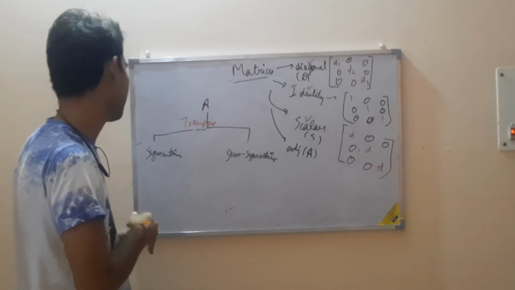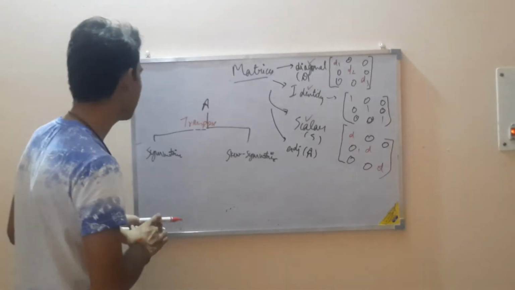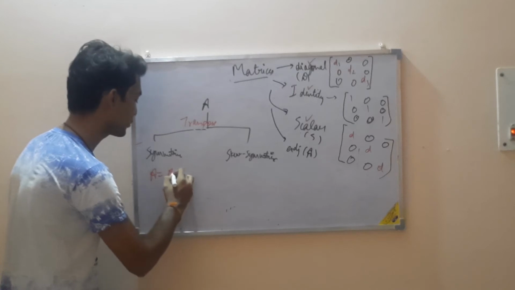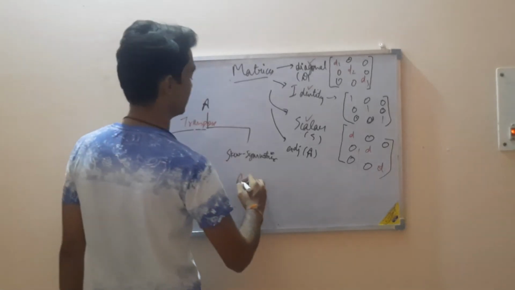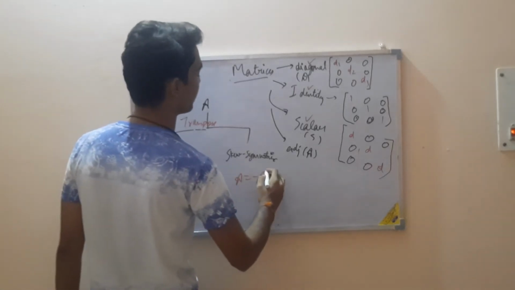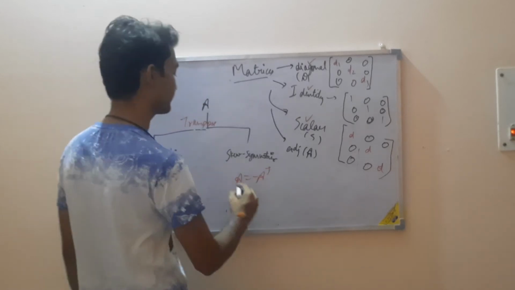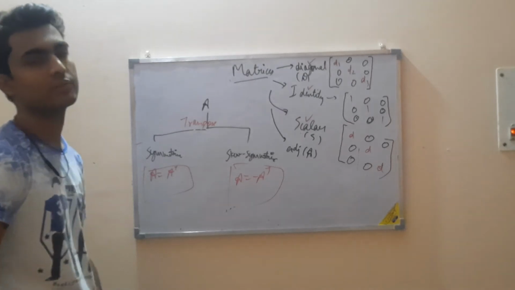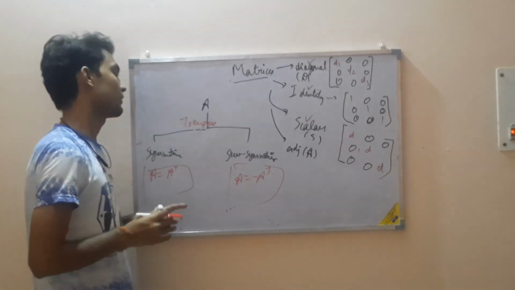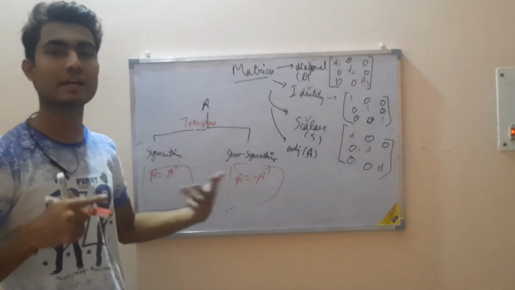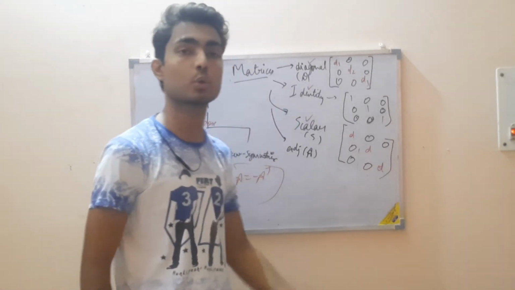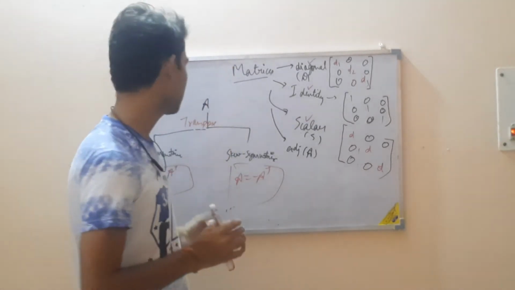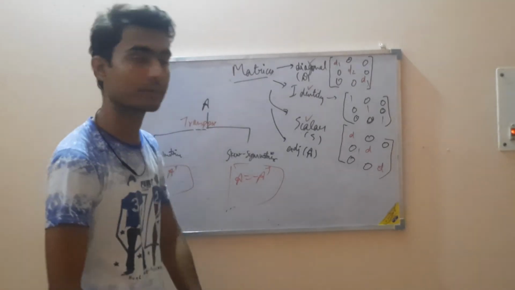Okay, writing them mathematically, symmetric is A equal to A transpose, and skew symmetric is A equal to negative of A transpose. Okay, so this is a very important thing. You must have seen some questions in your 11th or 12th asking to choose whether a given matrix is symmetric or skew symmetric.